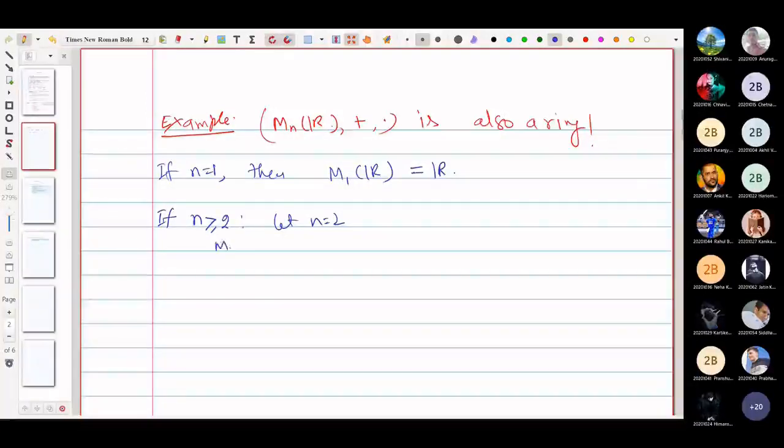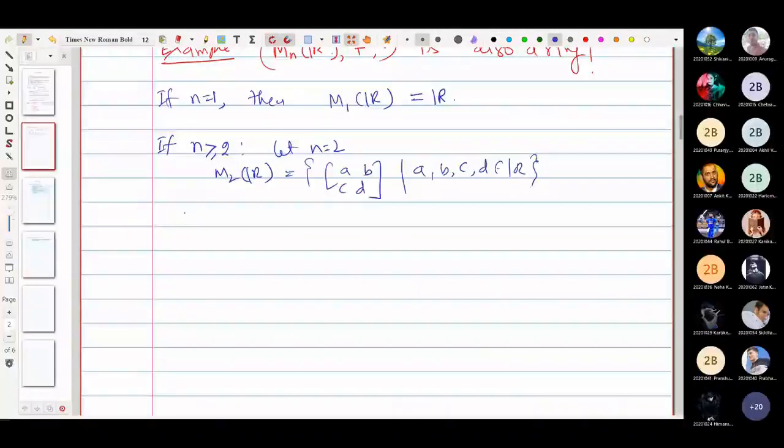Then what do we have? M2 over the set of real numbers, and this is going to be a collection of all those matrices with entries A, B, C, D, such that A, B, C, and D belong to the set of real numbers. So M2R, under matrix addition and multiplication, is a ring. This you can verify.